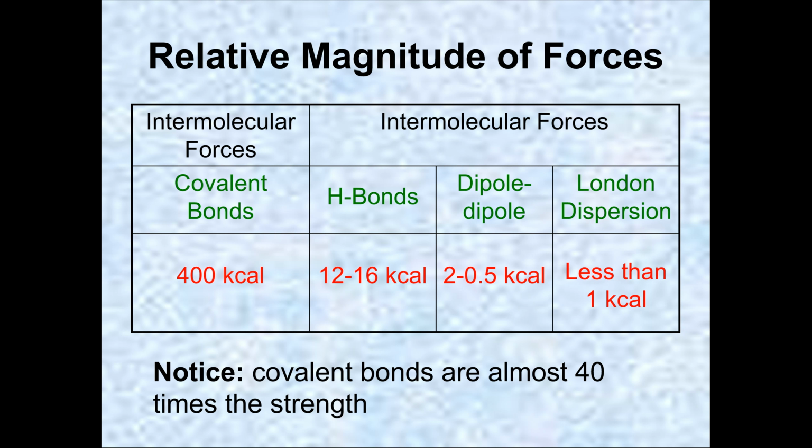There's hydrogen bonds, which are pretty strong. Dipole-dipole bonds, that's between two polar covalent molecules, and London dispersion is non-polar covalent molecules. So you can see that the non-polar London dispersion are very weak.